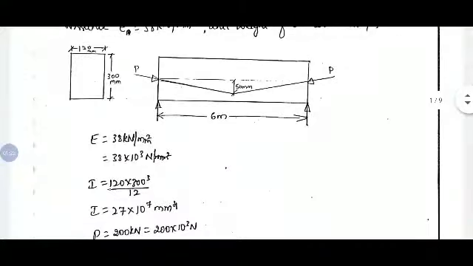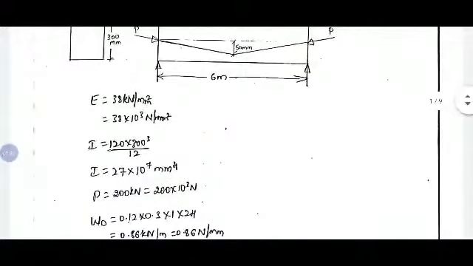Let us take the given data. E, the elastic modulus, is given as 38 kN per mm square. If you convert to Newton per mm square, it is 38 into 10 power 3. Then moment of inertia is 27 into 10 power 7 mm power 4, that is bd cubed by 12.